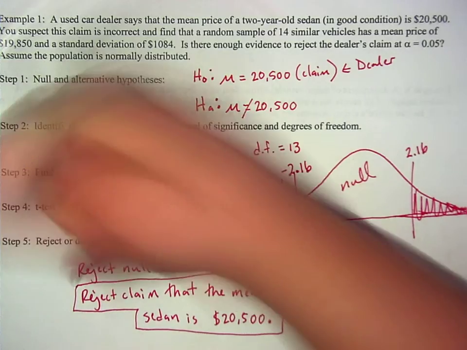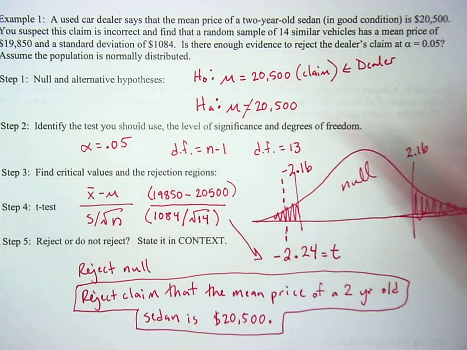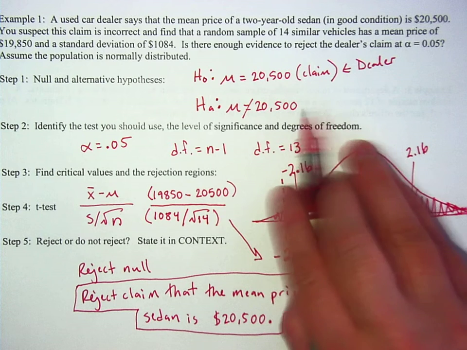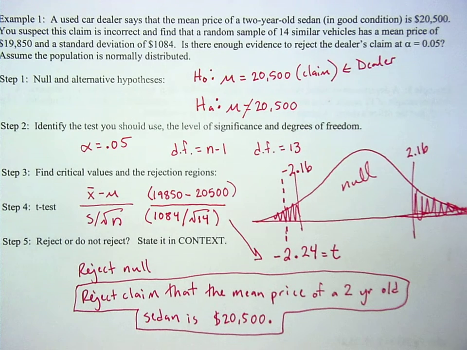Like if you changed the problem so that your claim was that they were wrong, so you put the claim here because you were looking from your perspective, not the dealer's perspective, then here you'd say, I accept my claim that the mean price of a 2-year-old sedan isn't $20,500. As long as you write a sentence at the end, it's really the same answer.